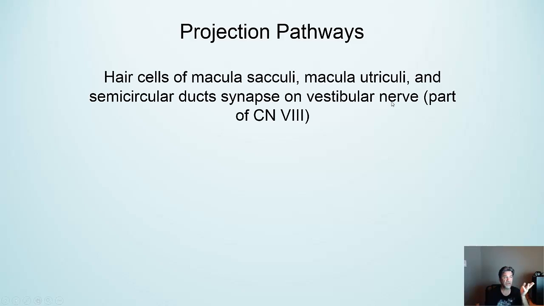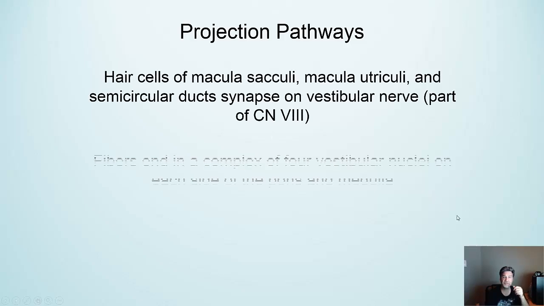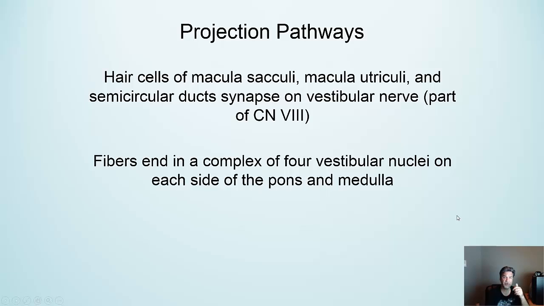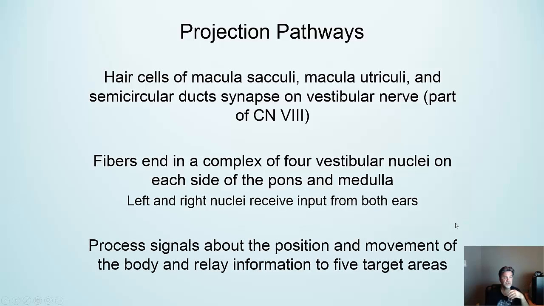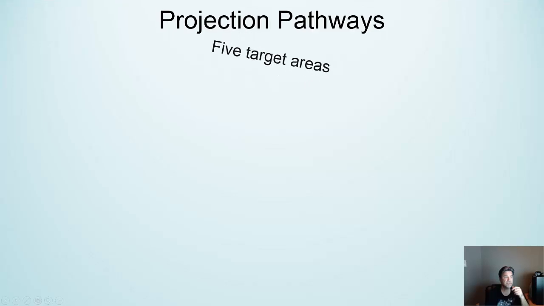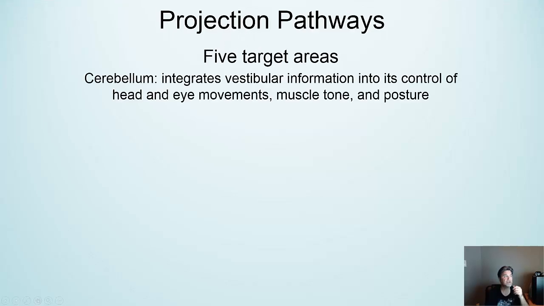Okay. So all of these structures will have synapses so that the vestibular part of the vestibulocochlear nerve is formed. They end up on some nuclei in the pons and medulla. I don't want to get incredibly detailed with this, but there are 5 target areas for this information that we just addressed: the cerebellum, so that we can put the picture together about how our muscles are acting and where we need to end up.